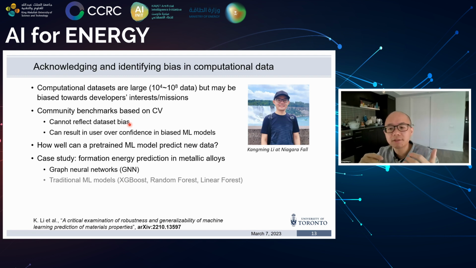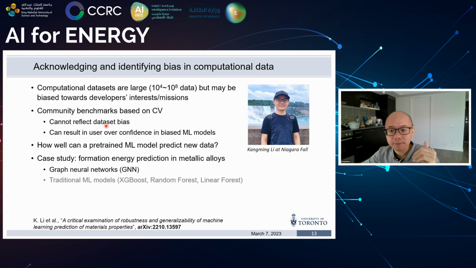The recently released Open Catalyst project contains even hundreds of millions of data points. Despite being very large, this dataset may be biased toward the interest and the mission of the database developer.